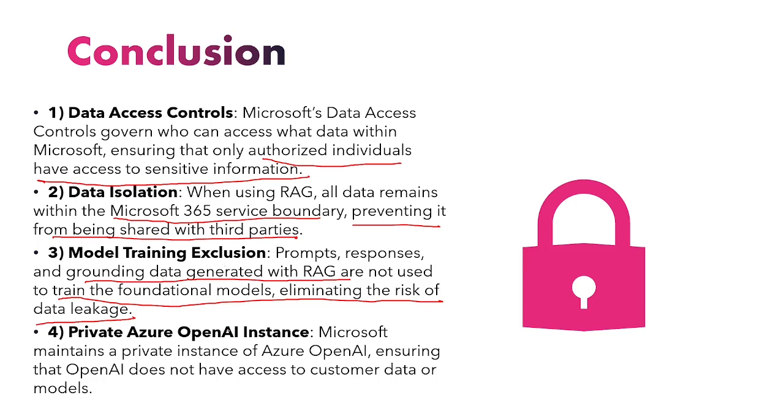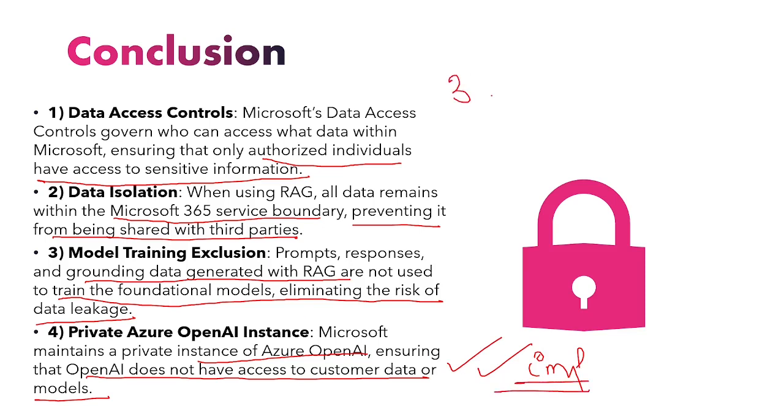Fourthly, speaking of the private Azure OpenAI instance, to add another layer of security to Microsoft Copilot, Microsoft says that it maintains a private instance of Azure OpenAI, ensuring that OpenAI does not have access to customer data or models. This is again a very crucial point in its own right. So I believe points 3 and 4 are very important.